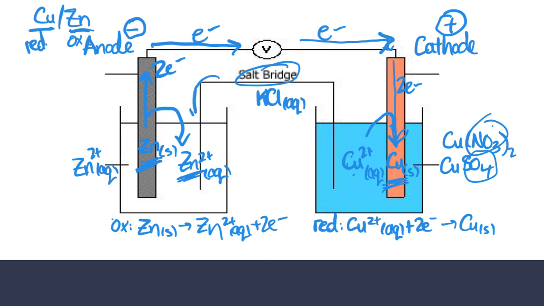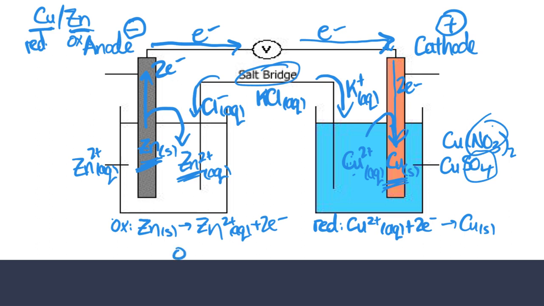So in order to kind of neutralize that, the chloride ions are going to flow into that half cell. And that's going to help balance out that buildup of positive charge on the oxidation side. And then the opposite on the other side, the copper 2 plus ions are being removed. So we need to replace that positive charge by having potassium ions going into there.